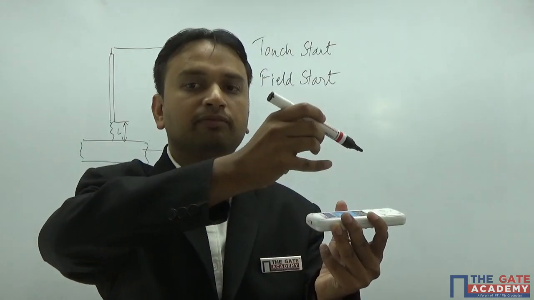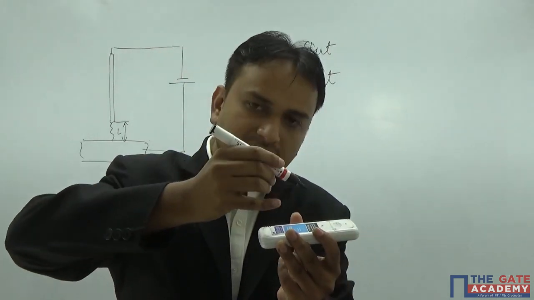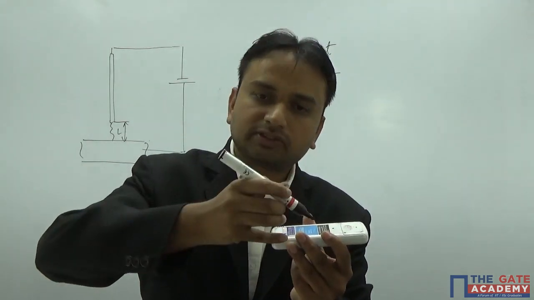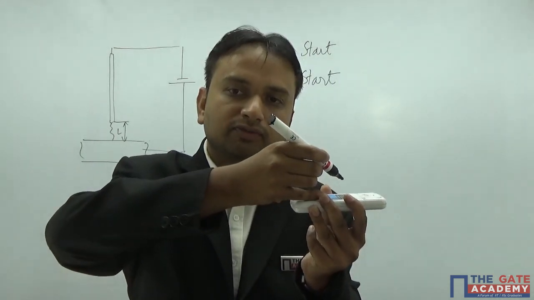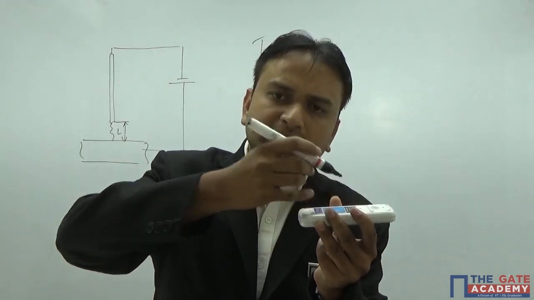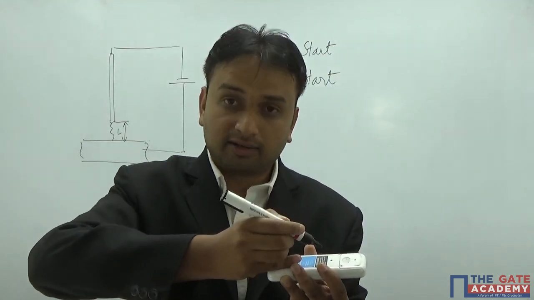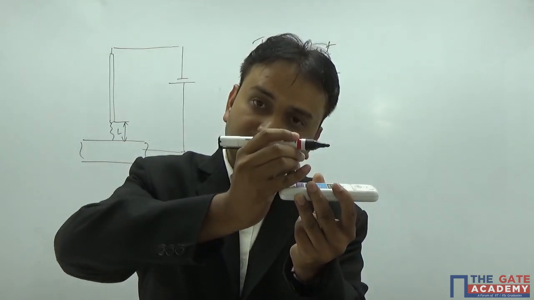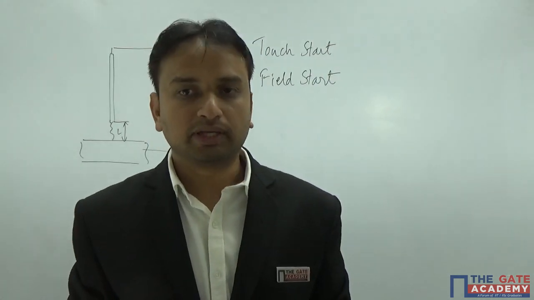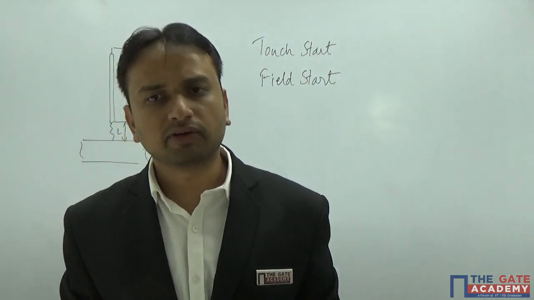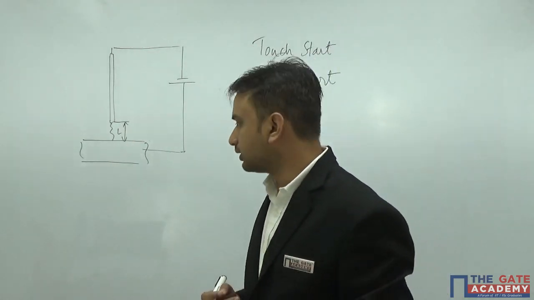Because you are moving this electrode, the current which was flowing when they were in contact is still flowing, maybe a little lesser, but you have got an arc now. Even though you have lifted it upwards, there is a constant connection between the workpiece and the electrode in the form of an arc. So now you can move it and you will get the welding done.